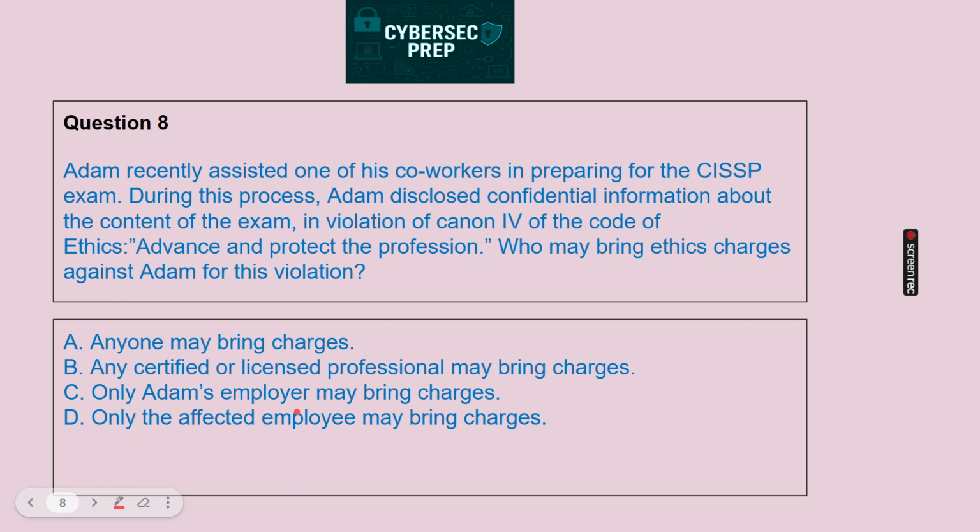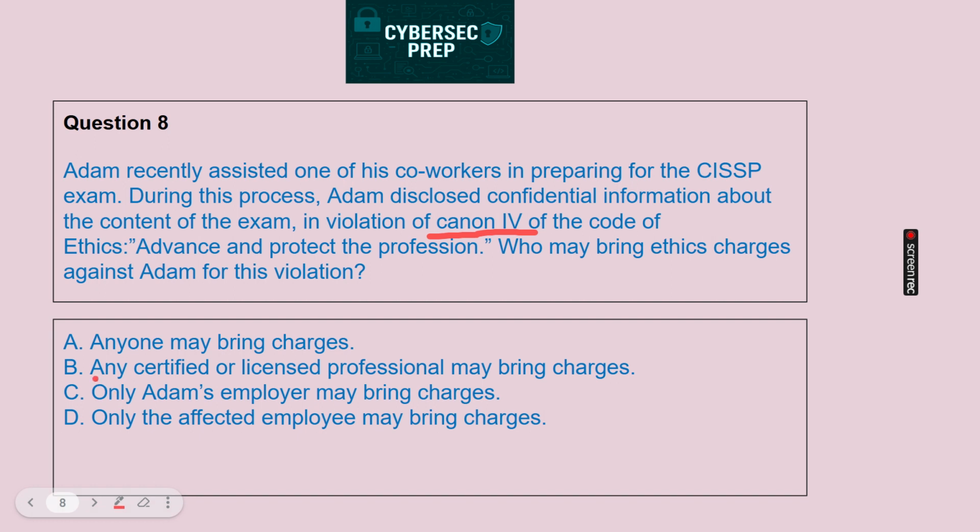Well, this is a question about who has standing to bring an ethics complaint, right? The group of individuals who has standing differs based upon the violated canon. In this case, we are examining canon number 4, which is a principle which permits any certified or licensed professional who subscribes to a code of ethics to bring charges.